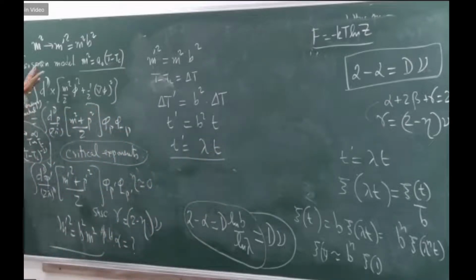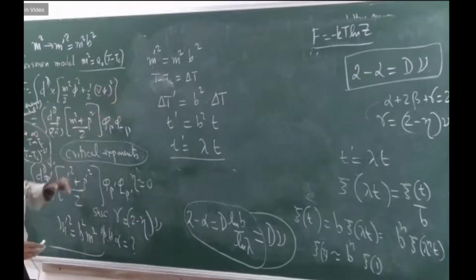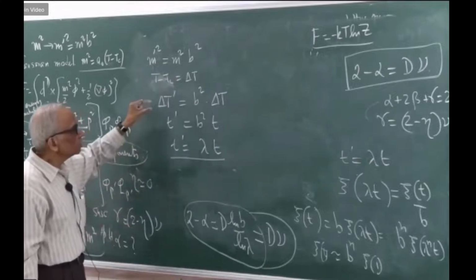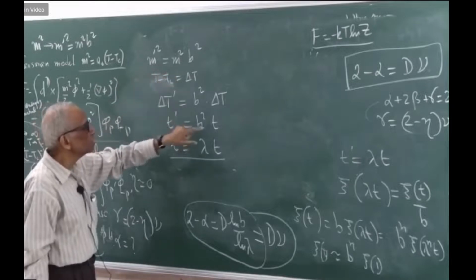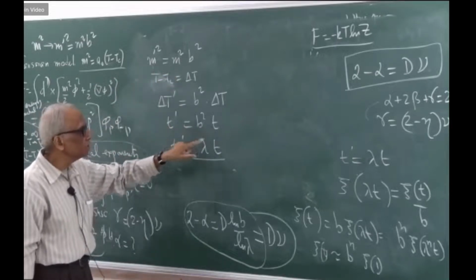So the relation that I have here between m prime square and m square, recalling what m is all about, is that it is proportional to the difference from the critical point. It's proportional to delta t. So m prime square is t prime, m square is t, and t prime is equal to b square t.